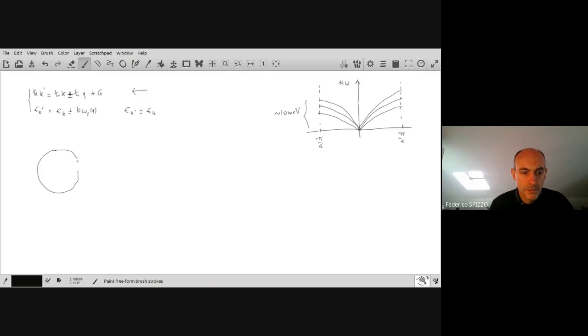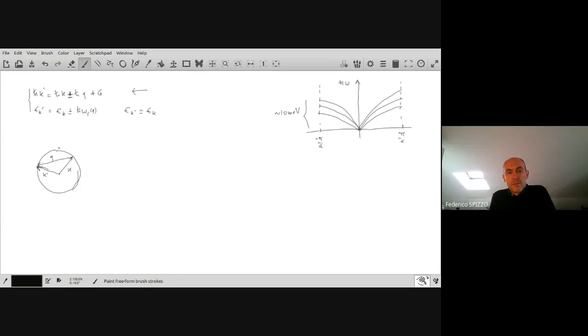So if we just use the Fermi sphere to represent the electron states, what we have is that if we start with k, the final state of the electron will be always very close to the Fermi surface for what concerns the energy, and will have a new value of the wave vector, k prime, and the distance between k prime and k depends on q.